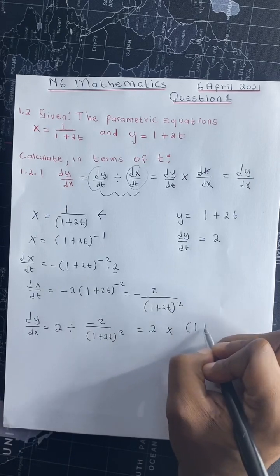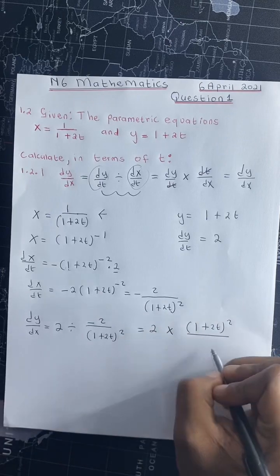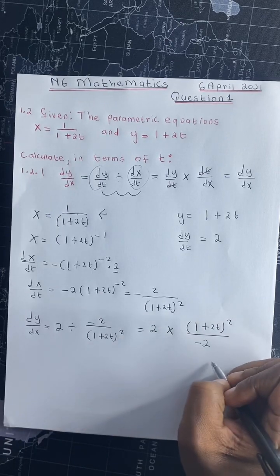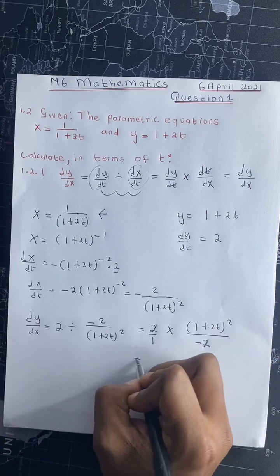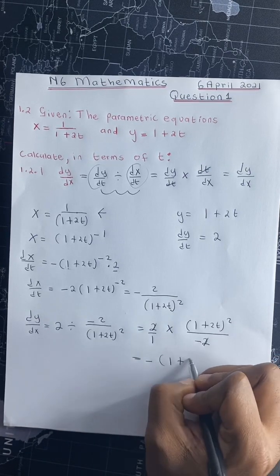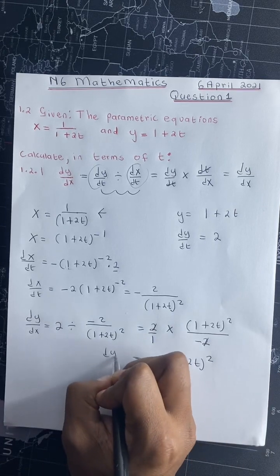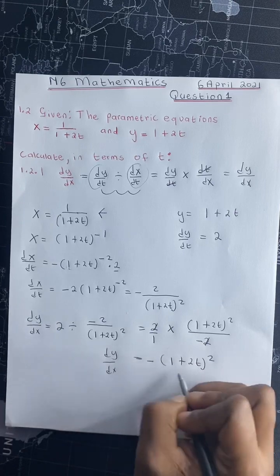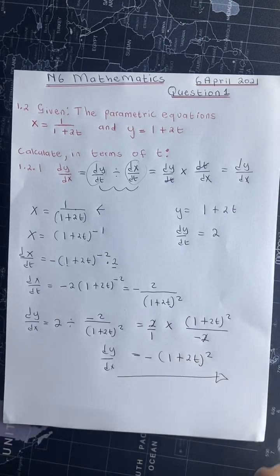So we'll have (1 plus 2t) squared as our numerator and negative 2 as our denominator. So that 2 will cancel out with that 2. We'll be left with negative (1 plus 2t) squared. So dy over dx will be equal to negative (1 plus 2t) squared.